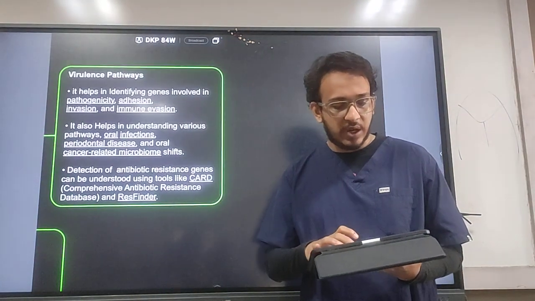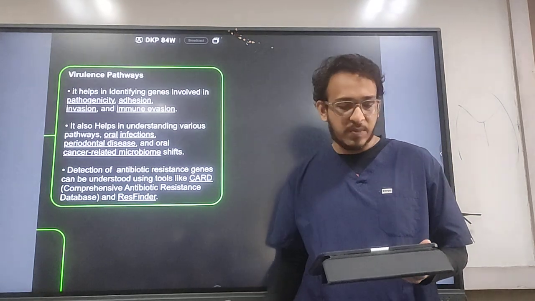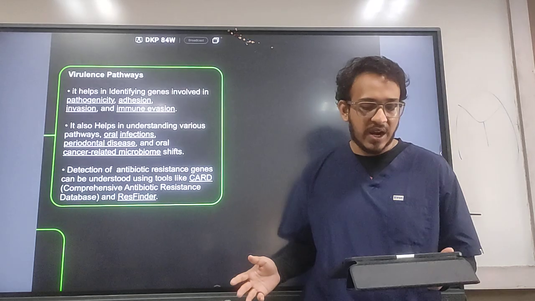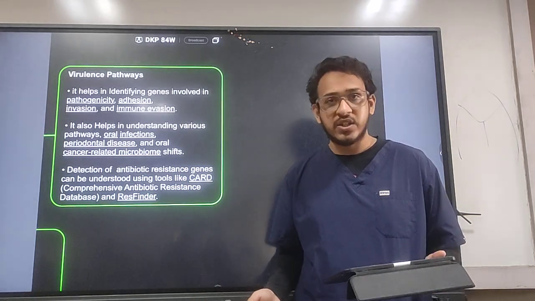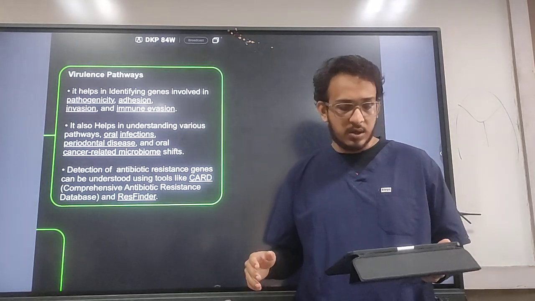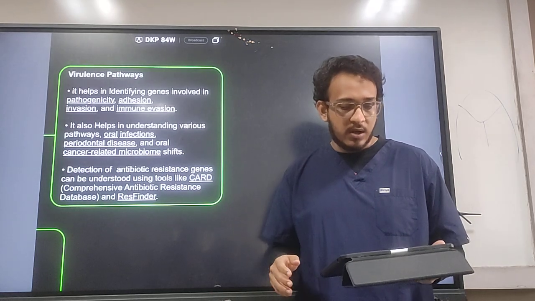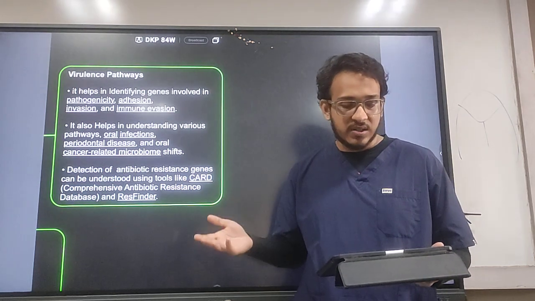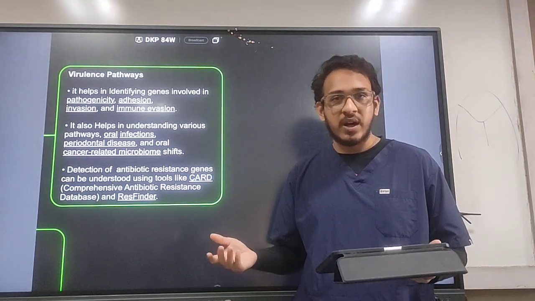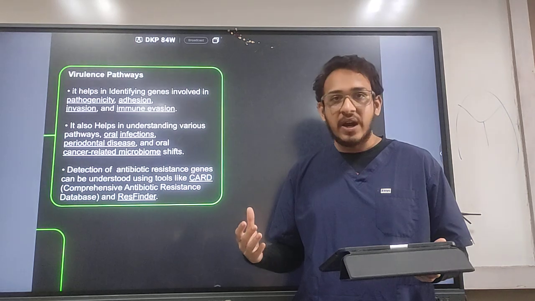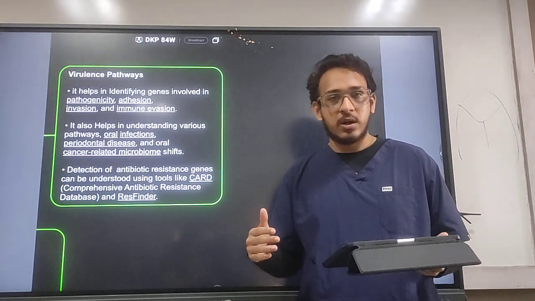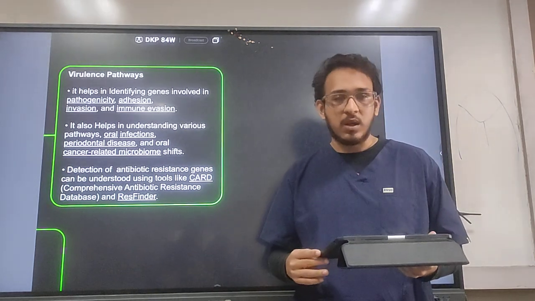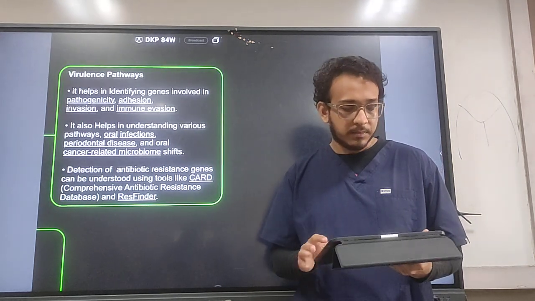So we'll study the virulence pathways. Understanding this helps in identifying the genes involved in pathogenicity, adhesion, invasion and immune evasion. That is how the microbe causes the disease, how it adheres to the oral cavity, how it invades, and how it escapes from the body's immune system.